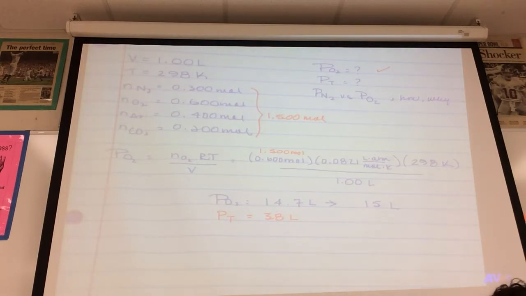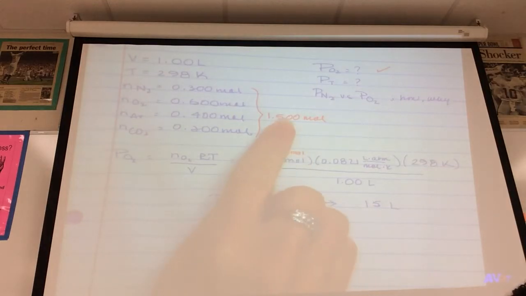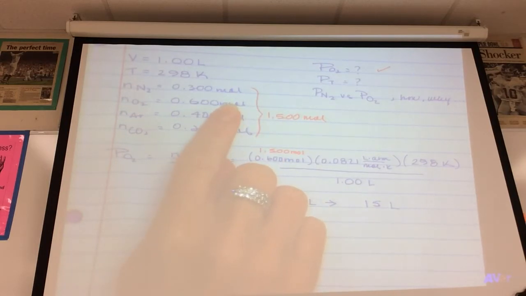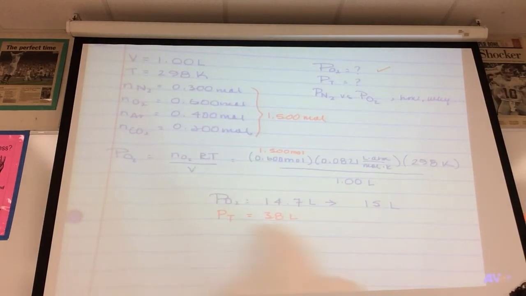If you're 16 and I'm 32, how many times older am I than you? 2. Same concept. So the total moles is 1.5, but this was 0.6, so this over this tells me how many times more the total pressure will be compared to that one. Light bulb. Yep, you got it.